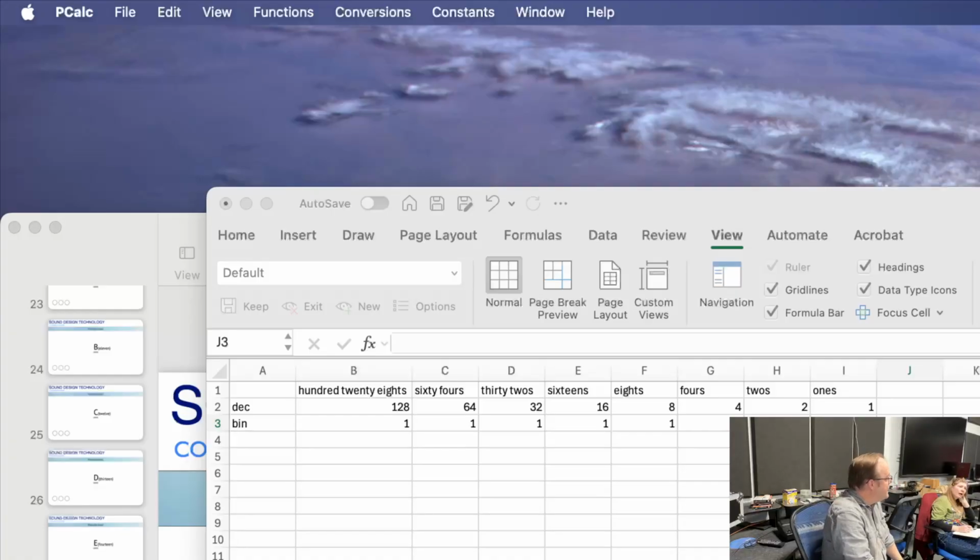And 256 is a number you see a lot in computer land. Because 256s, well, what's two 256s? 512.